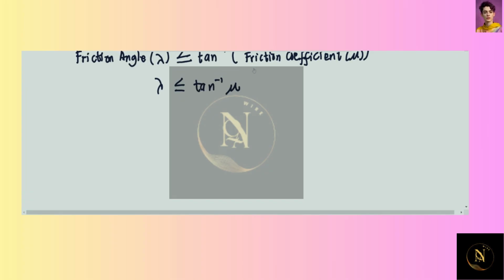To prove this identity, we will first consider a body lying on a horizontal surface. When a force is applied on the body in this direction, we denote this force as F sub A, or the applied force.